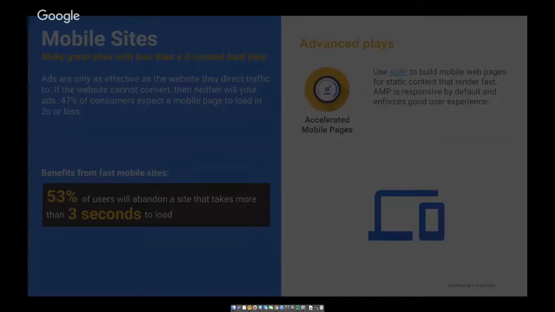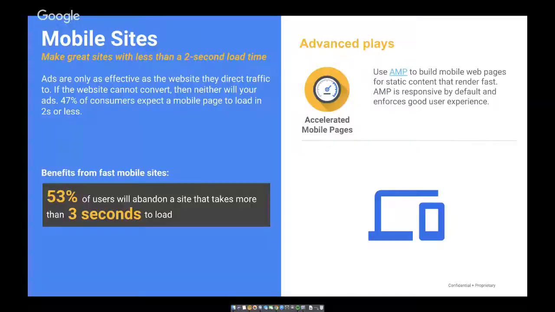Yeah, and then with regard to mobile sites, it's really important to have fast websites. We strive to go under 2 seconds loading time per web page, because we are very demanding in terms of mobile, and here you can see a lot of benefits in having fast mobile websites.